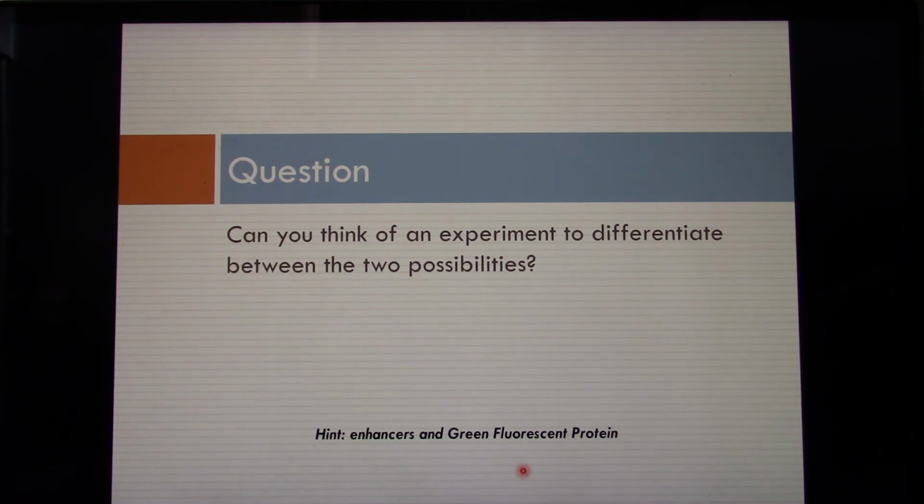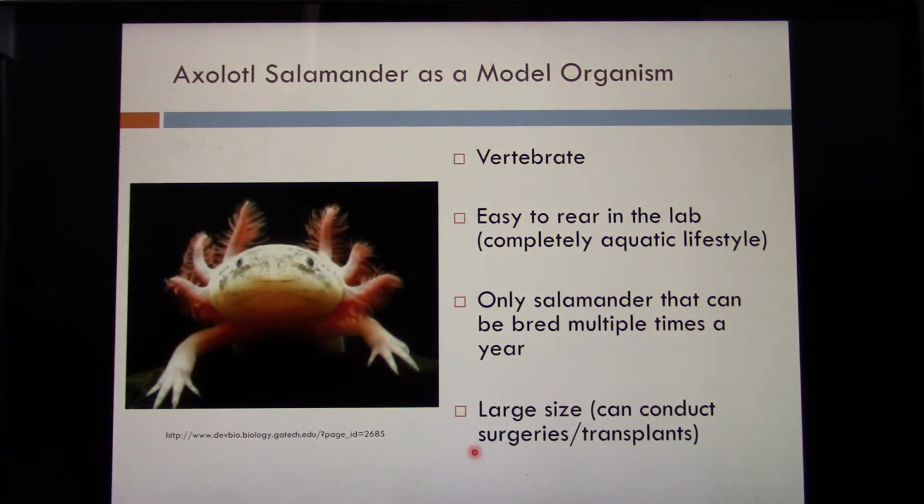So we can take this protein from jellyfish, the green fluorescent protein, the gene that codes for it, put it behind a region in the salamander, an enhancer DNA element that would turn on muscle cell expression or cartilage cell expression or skin cell expression, and put that piece of DNA in front of a piece of DNA that codes for the green fluorescent protein. So that's exactly what was done, and it was done in this salamander, the axolotl salamander, as a model organism. It too is a vertebrate.